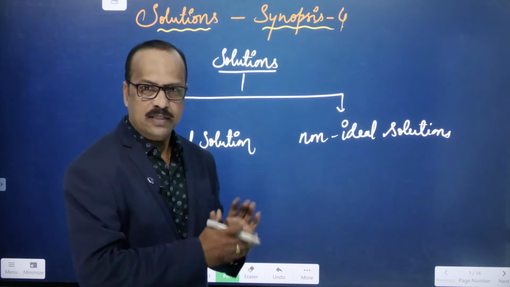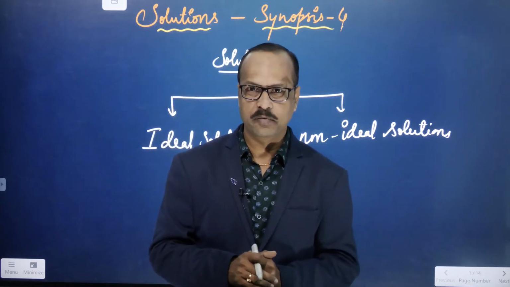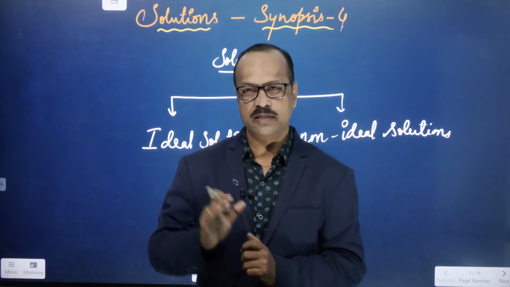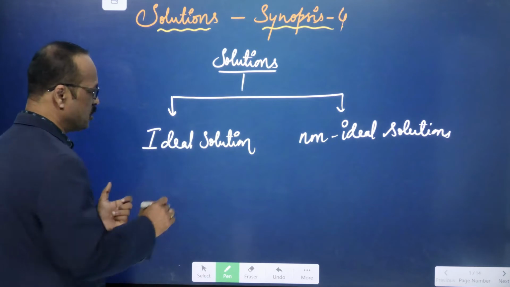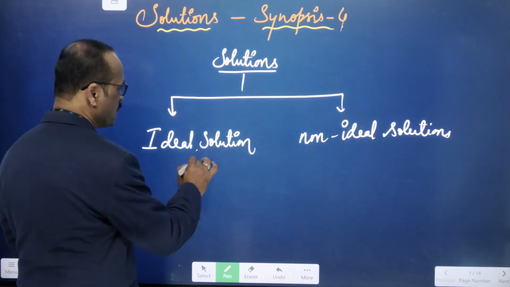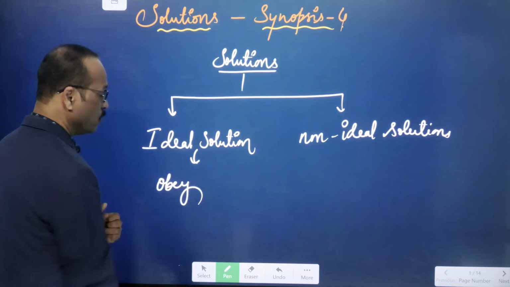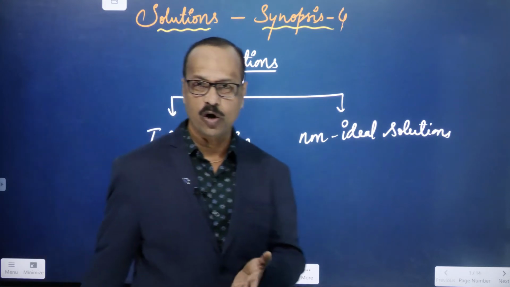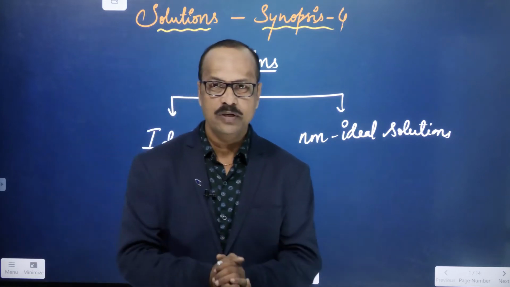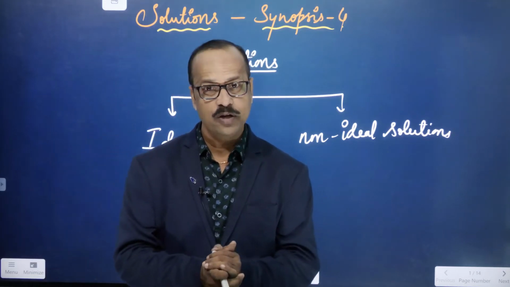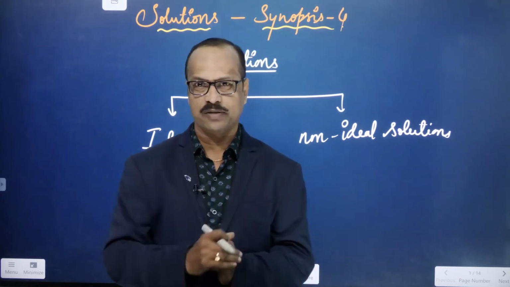In the previous class, we discussed Raoult's law. Do you remember? So here, ideal solutions means the solutions which obey, meaning follow. Yes, you are obedient students, yes or no? Because you follow the instructions given by your teacher.